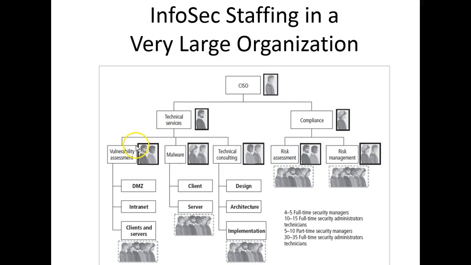In the technical services, it gets bigger because you have to deal with various types of servers and clients. So you have vulnerability assessment, DMZ, intranet, client and server, malware, and consulting, basically how to design such an information security architecture, and implementing the systems from technical perspectives and the architecture, of course.